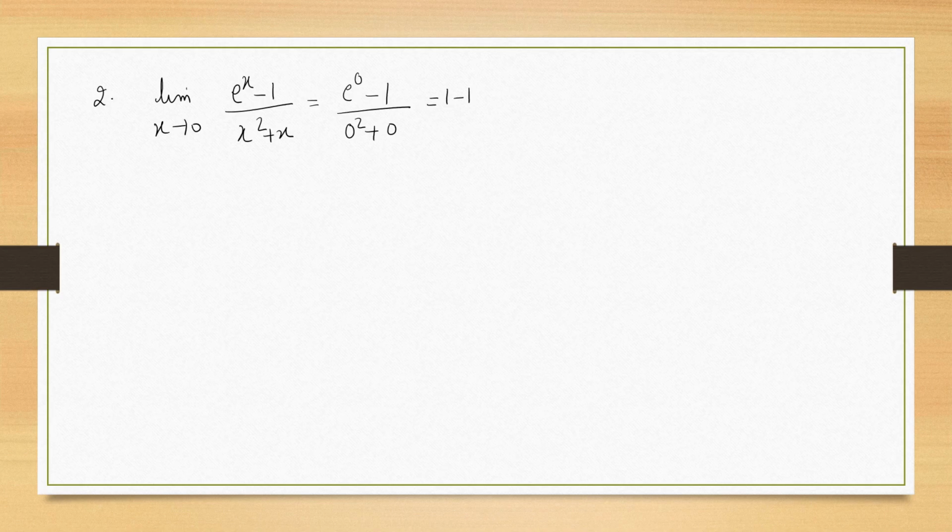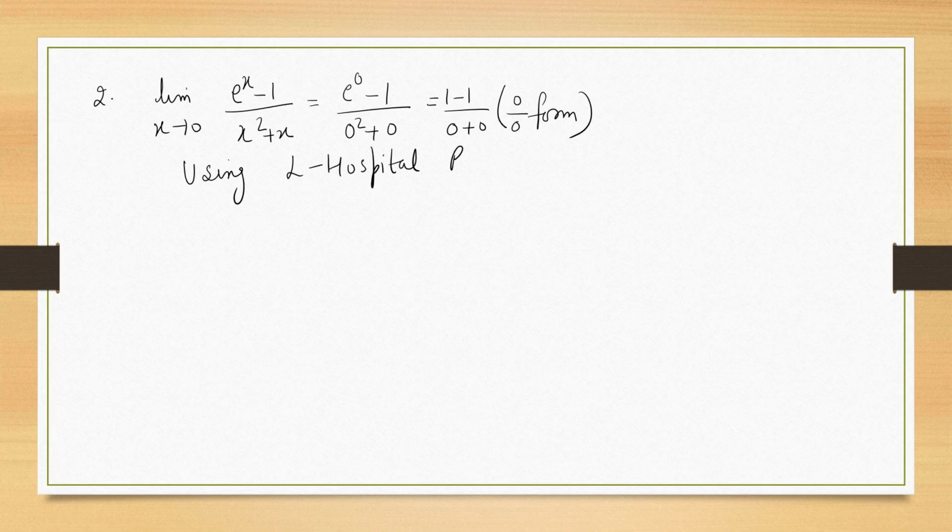So this is 1 minus 1 and 0 plus 0. So this is a 0 by 0 form, and we can apply our L'Hospital's rule to evaluate this limit.